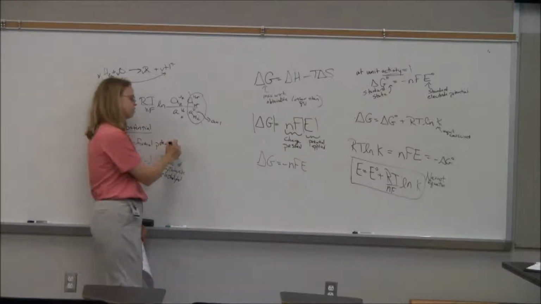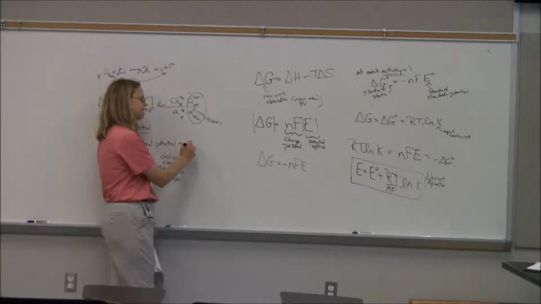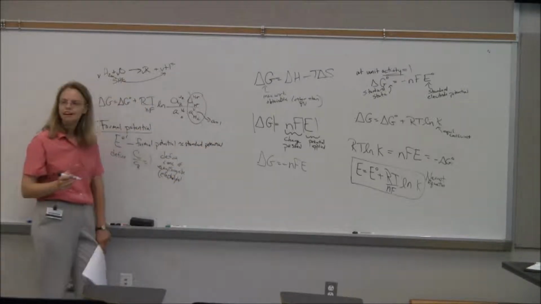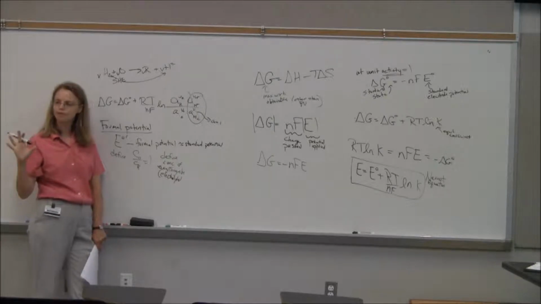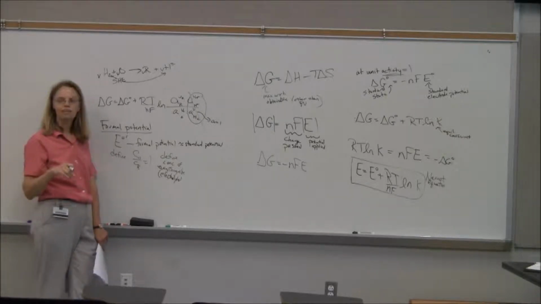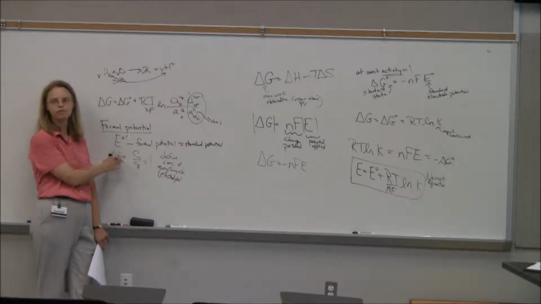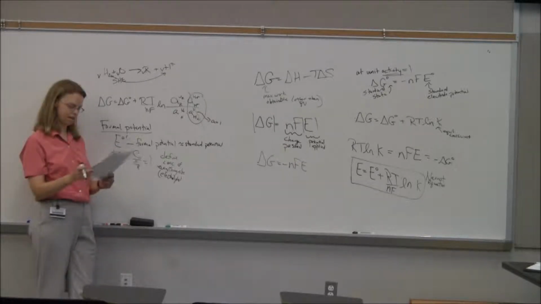Usually, formal potential is approximately equal to the standard potential, so they're usually not very different. But for absolute correctness, the standard potential is the one that you can define absolutely correctly. The formal potential is a little more difficult because of the activity coefficients.